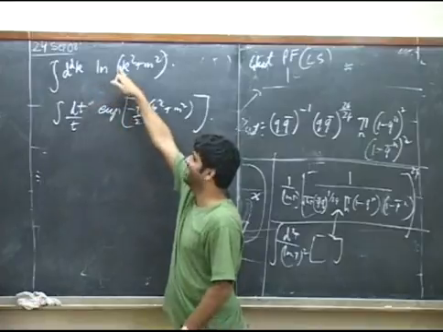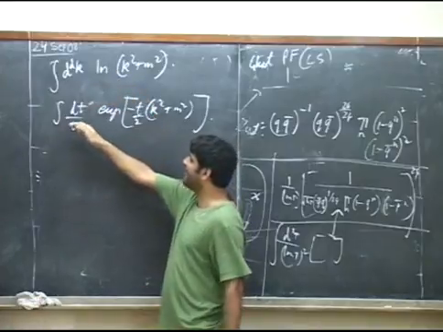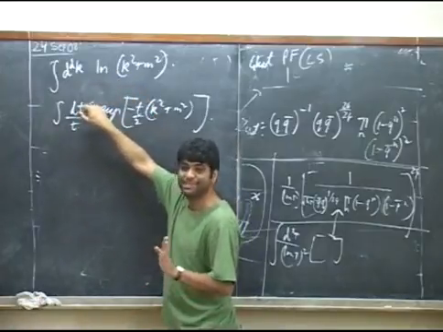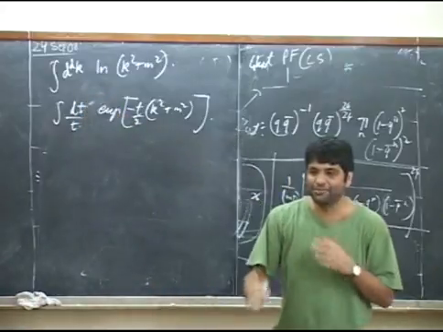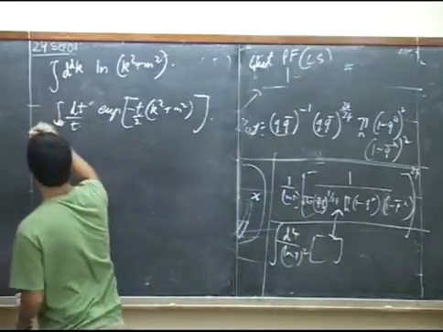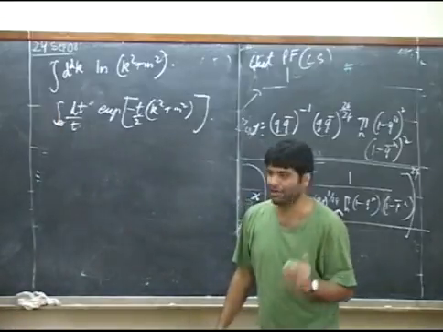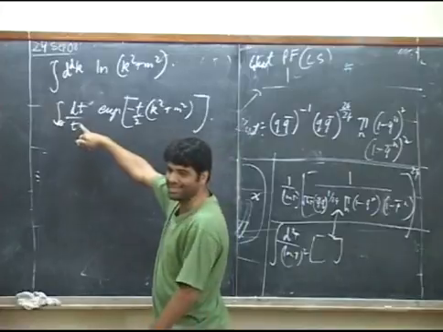And there's another way of saying it. Actually, the statement is a bit careless because this integral is not really well defined. You have to define it with respect to some cutoff.